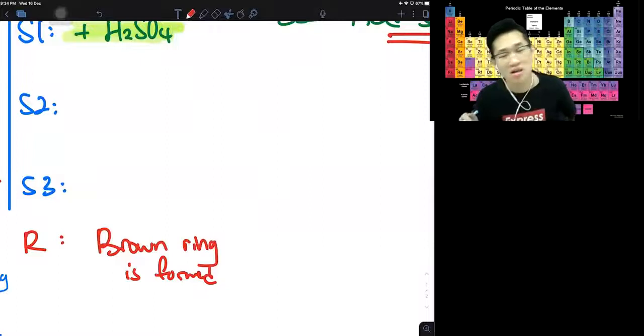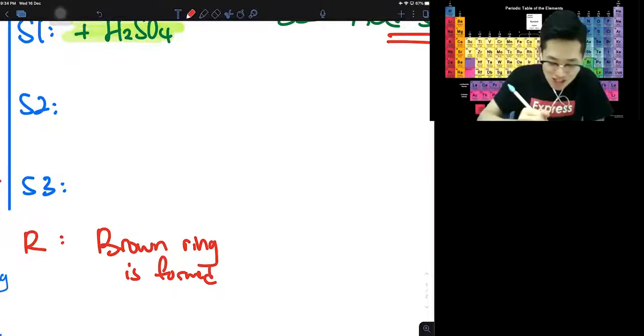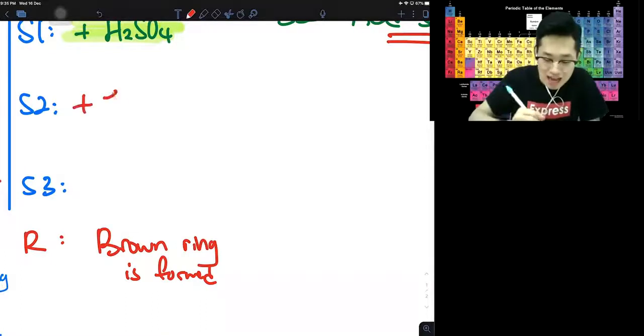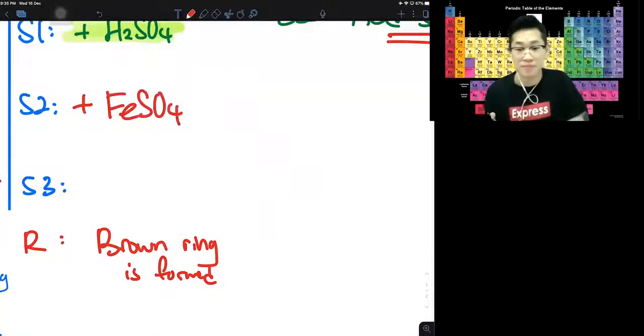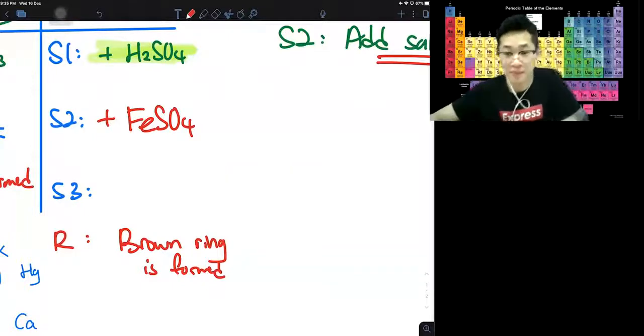A brown circle, of course, is wrong. If you write brown circle, it's wrong. So the salt solution we will be adding is iron(II) sulfate, FeSO4. Everything in nitrate is very specific. That's why they like to ask this one.